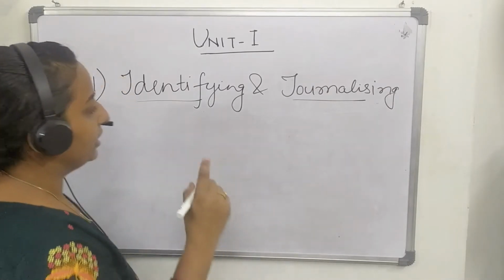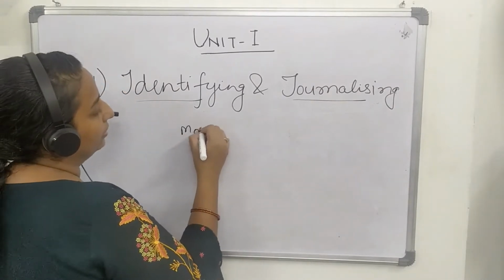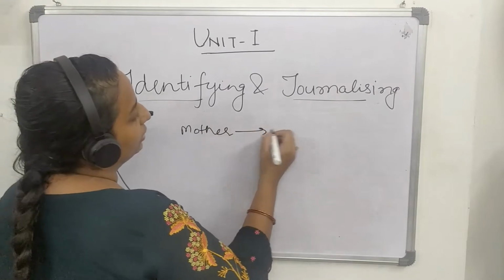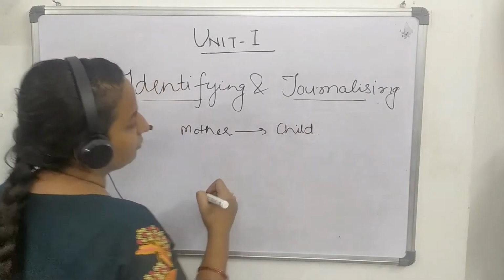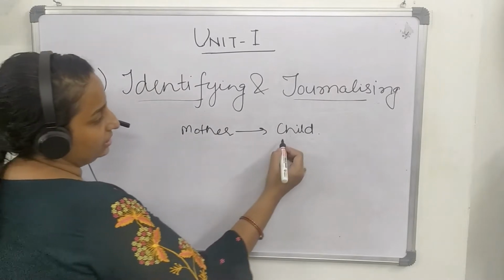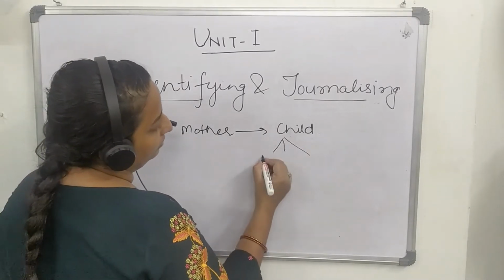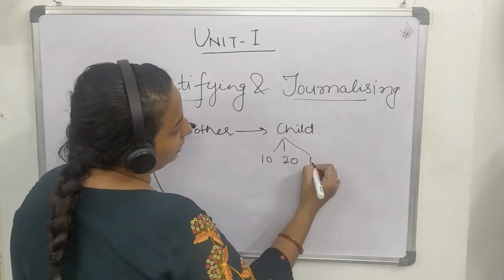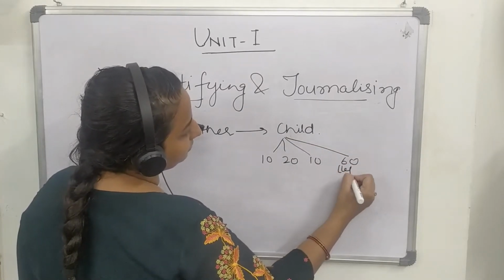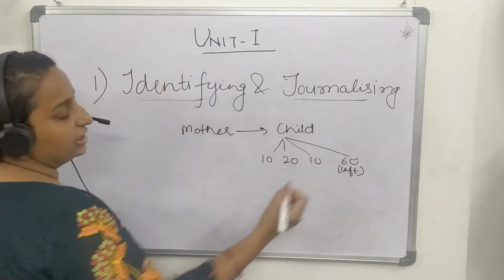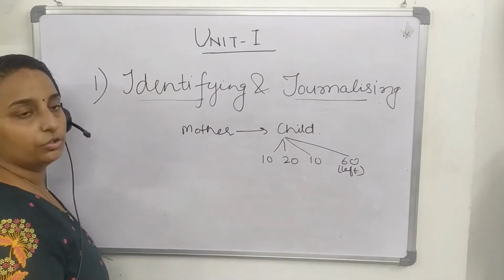In my earlier example, when a mother gave some money to her child to buy some vegetables from the market, he spent certain money, 10, 20, 10, and he was left with 60 rupees. This was a series of transactions that the child has gone through.